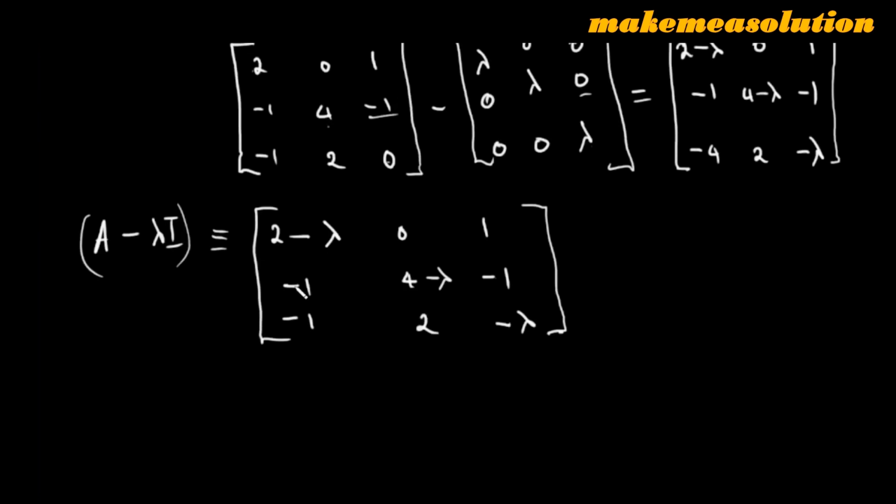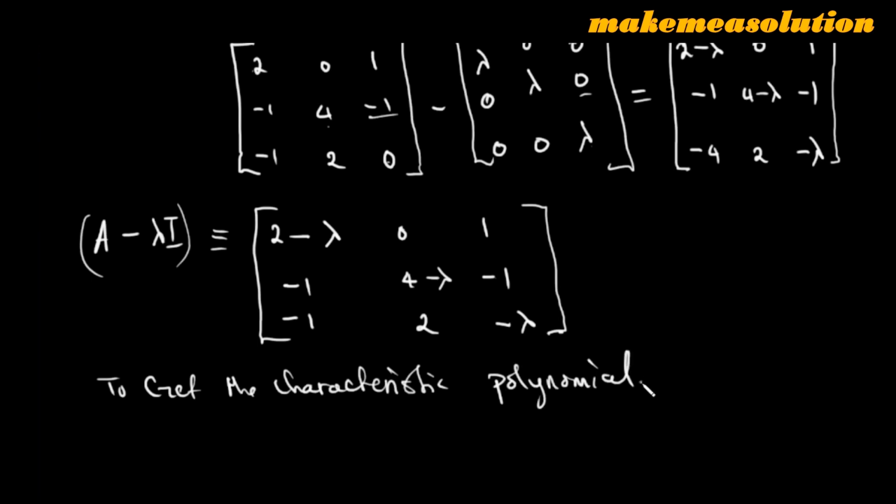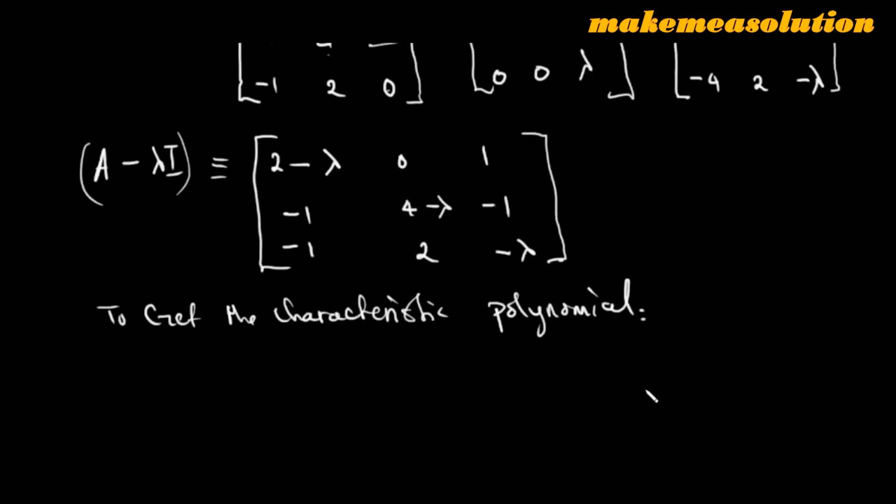With this new matrix, we are going to get the characteristic polynomial, which yields a characteristic equation we can use to find the eigenvalues.